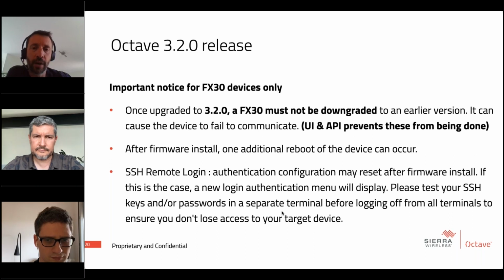So the UI and the API, or even if you apply a blueprint which has 3.1 tied to it to a device which is on 3.2, the system will prevent you from doing this. It will actually not send 3.1 to an FX30 in 3.2.